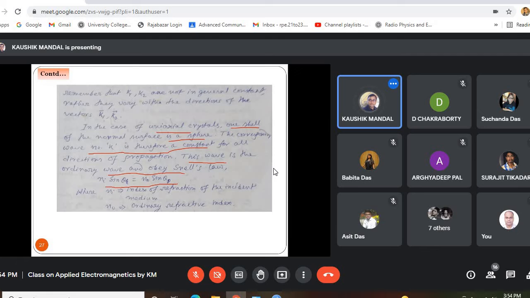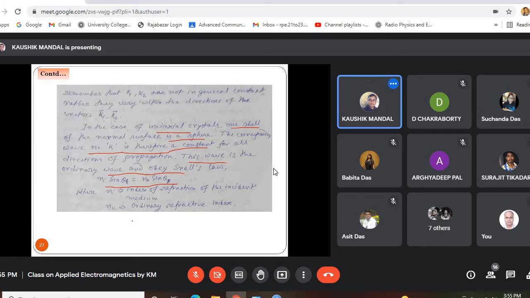Point is clear? So there is another difference between the ordinary ray and extraordinary ray. The ordinary ray will follow Snell's law, whereas the extraordinary ray will not follow Snell's law. In case of the extraordinary ray, it is basically due to the ellipsoidal shell or ellipsoidal surface, where the wave number k is no longer constant, rather it depends on the direction of propagation.